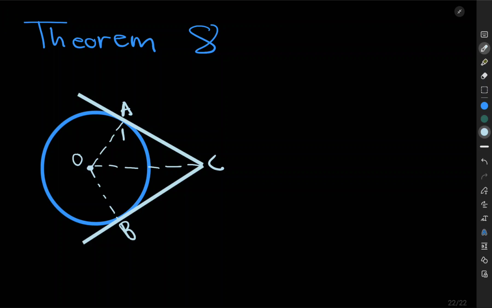That means if we have two tangents and the points of tangency, point A and point B, where they touch the circle, then we can assume that those two tangents are equal. From this point up until this point, and this point up until this point, those two tangents are equal.